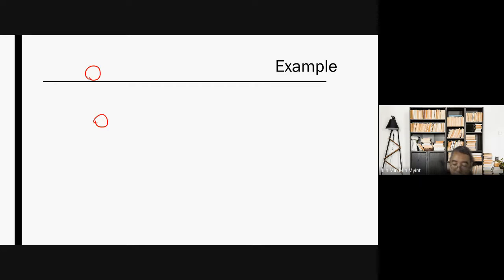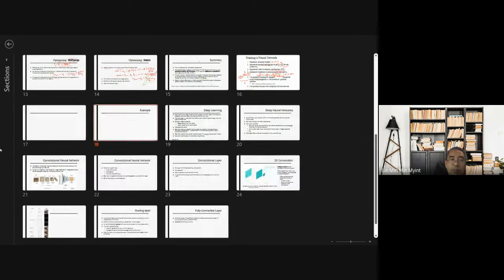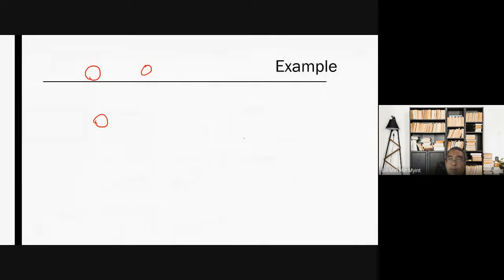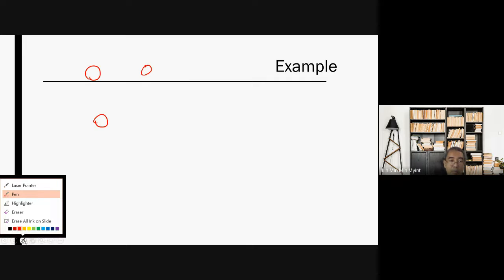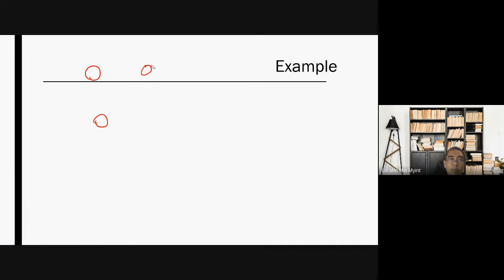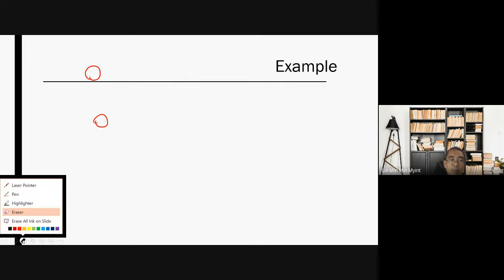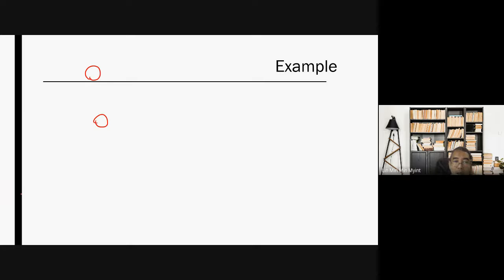This is our input layer, and this is our hidden layer, and then there's only one output layer.